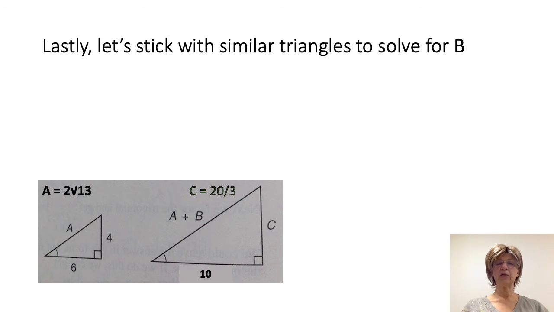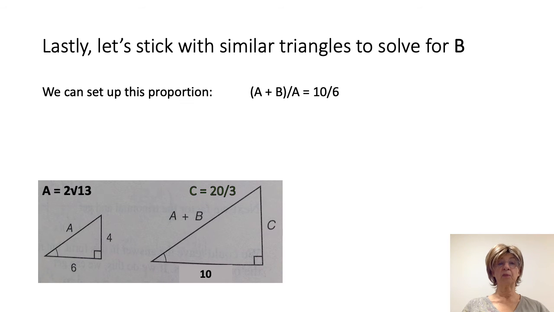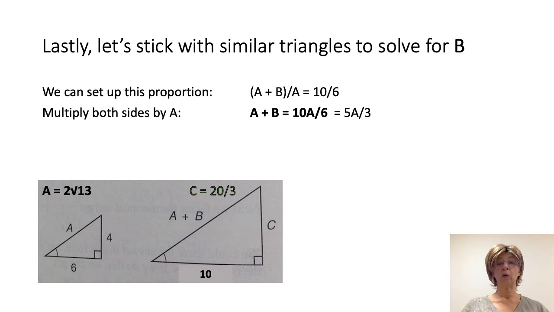Lastly, let's stick with similar triangles to solve for B. We can set up this proportion, A plus B divided by A, look at your corresponding sides, equals 10 divided by 6. Multiply both sides by A: A plus B equals 10A divided by 6, or 5A divided by 3. Subtract A from both sides.